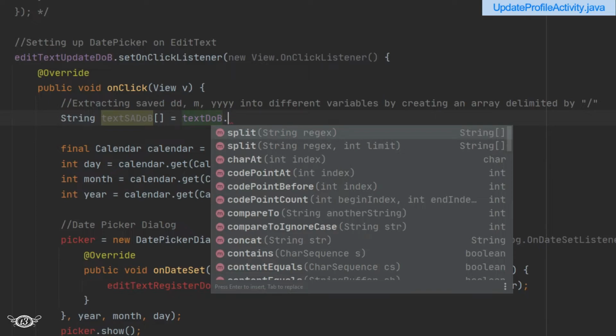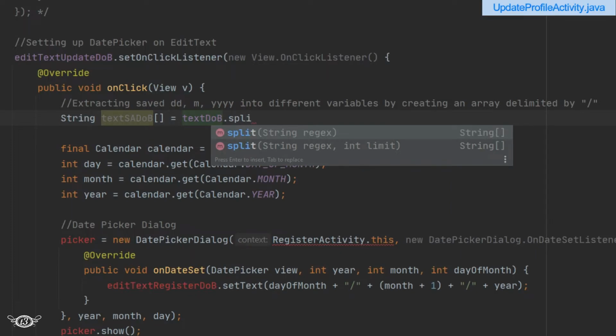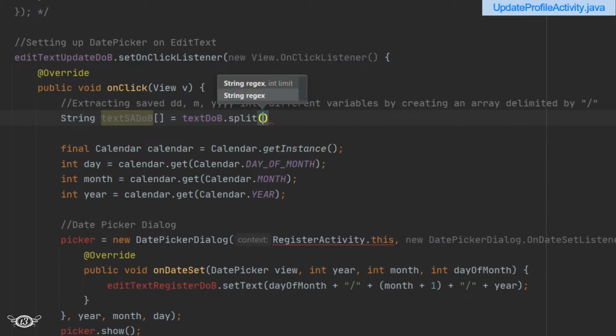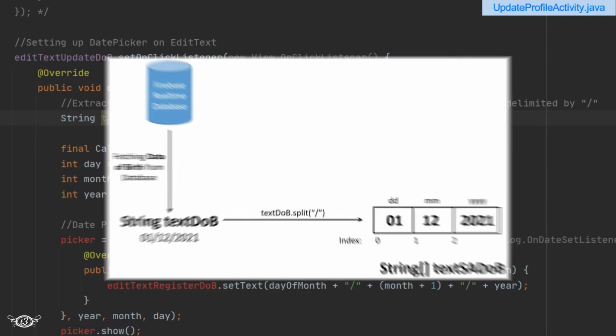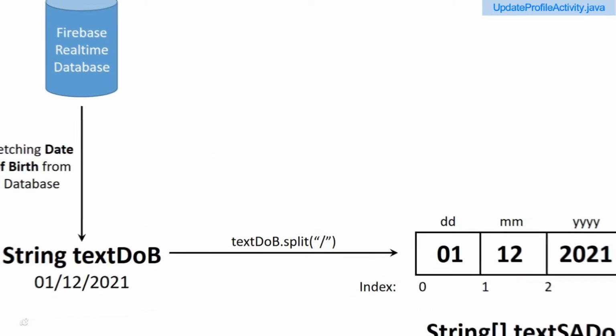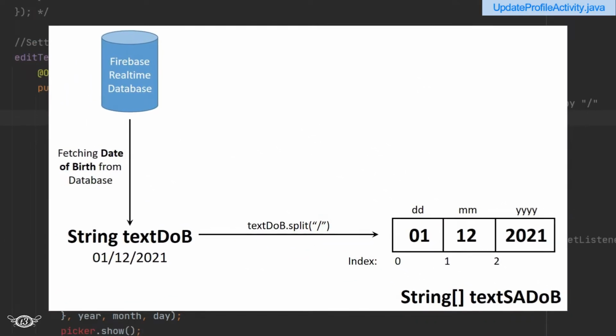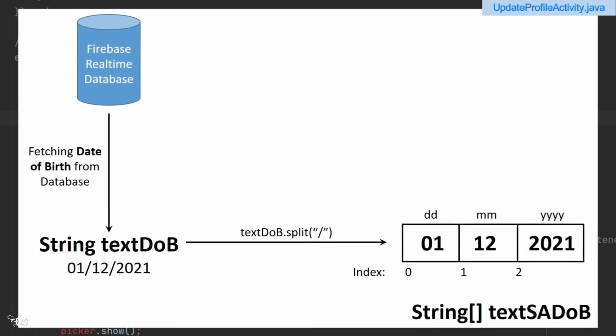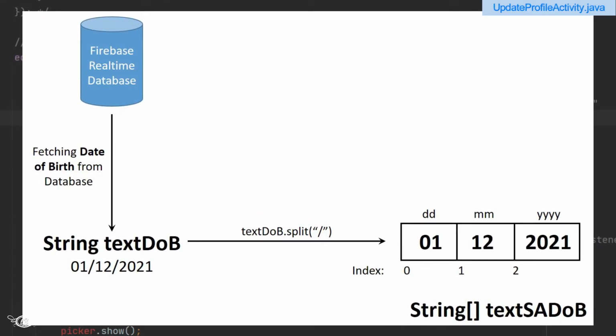And now we want to split the data which is inside this variable delimited by /, which means we want the three numbers to be saved into different indexes. The date will be like dd/mm/YYYY. So there will be three different numbers delimited by /. So we can save those three numbers into different indices.